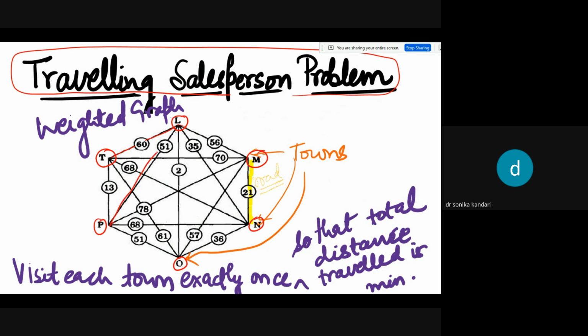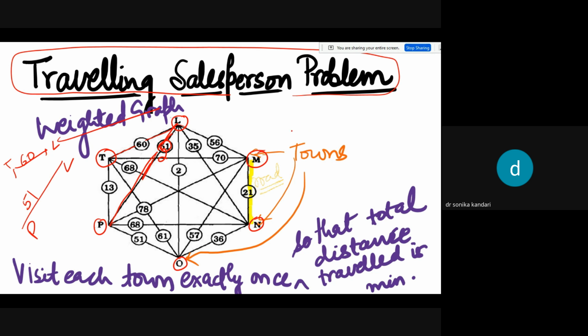Suppose this is the distance between P and L. Distance between P and N is 51. Distance between T and L is 60. And this is an example of a weighted graph.